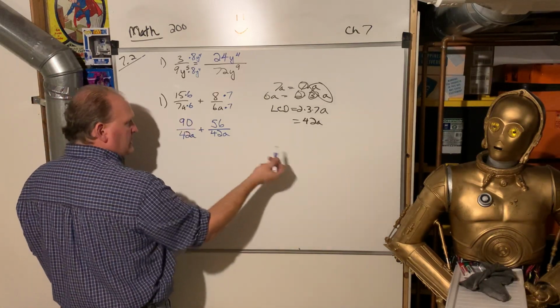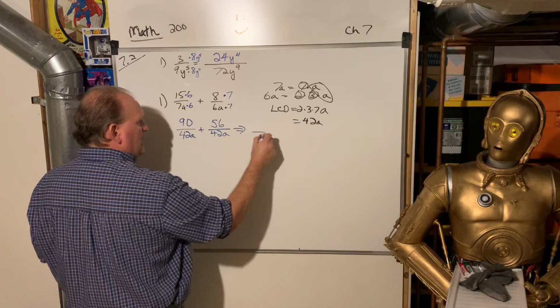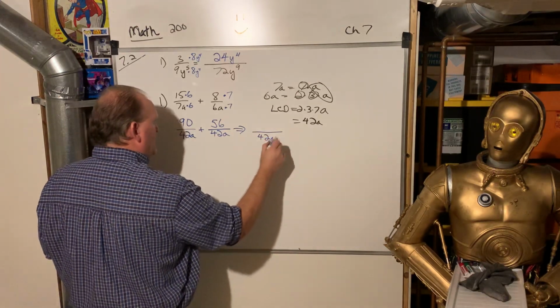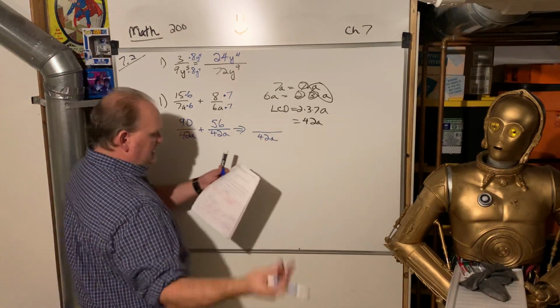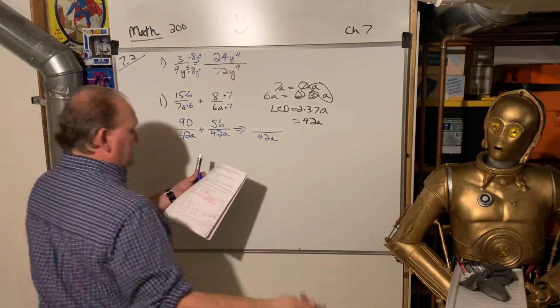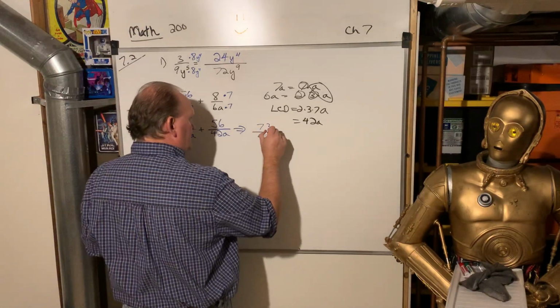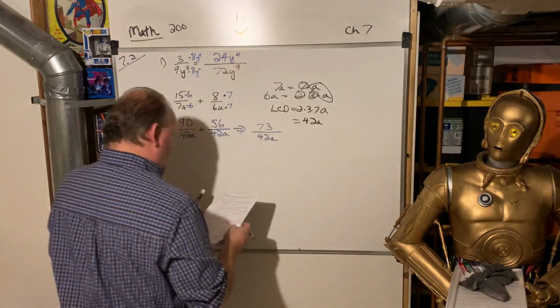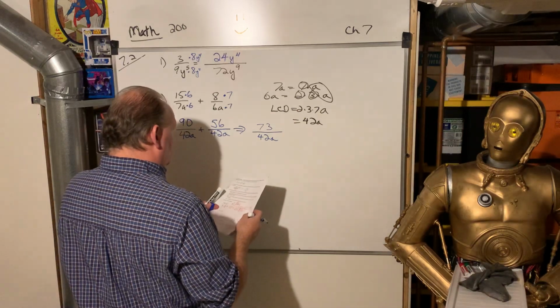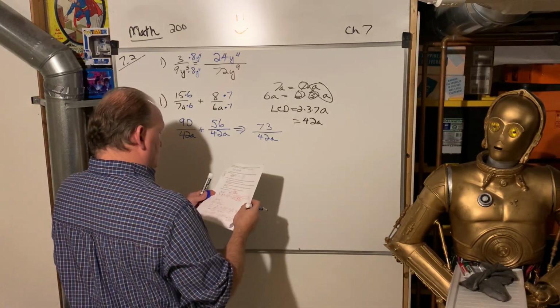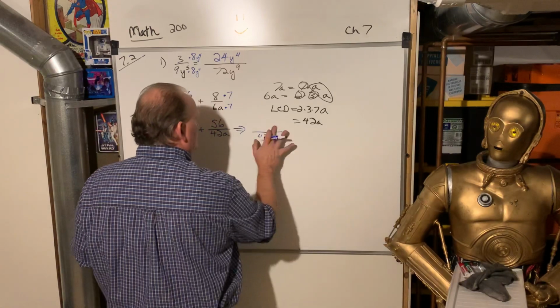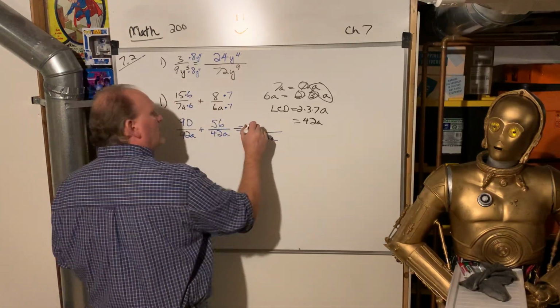And now we can do what we did before, where we've got the 42a on the bottom once, and 90 plus 56 is, oh no, 146. I'm sorry, 146.